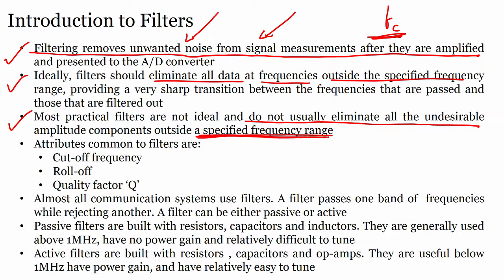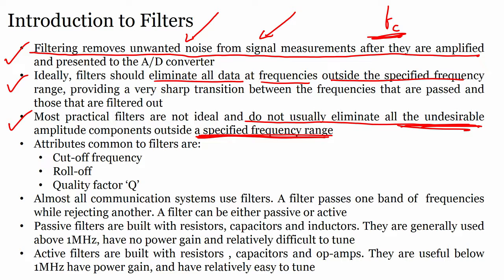That means that ideally we want it to selectively select only the frequency that we require and eliminate all the other frequencies. But when you actually fabricate or design a filter, what you find is that it usually does not eliminate all the undesirable signal.